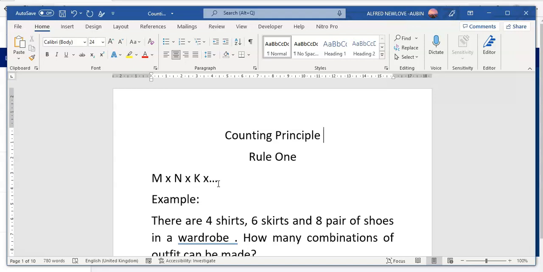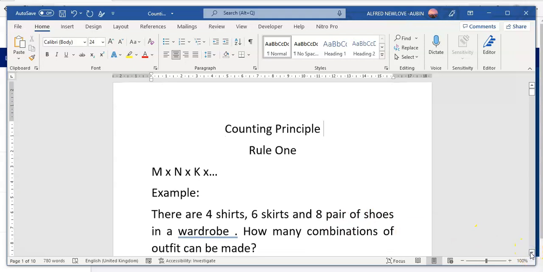When you have a question like this: there are 4 shirts, 6 skirts, and 8 pairs of shoes in a wardrobe. How many combinations of the outfit can be made? That is where you use this one.